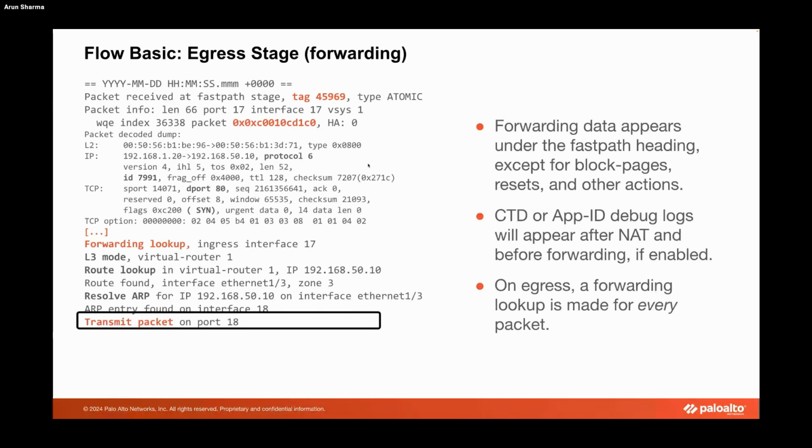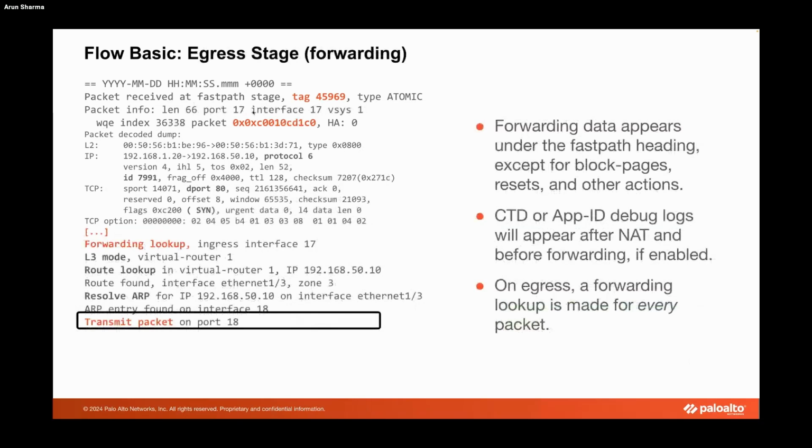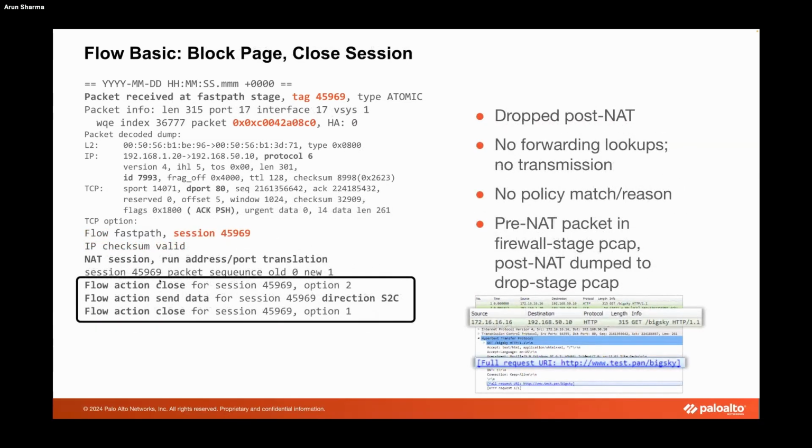So this is how it will look in a flow basic log. Everything is line by line, so these logs cannot lie. It will just give you the real picture of the packet. And when the session is closed, we can see that the flow, everything else is the same.